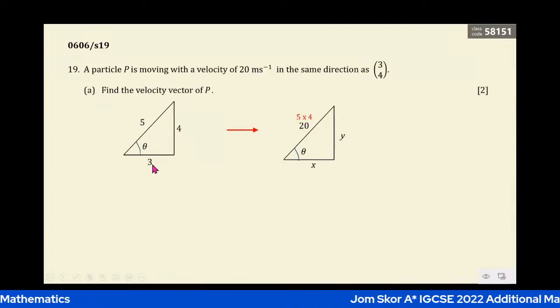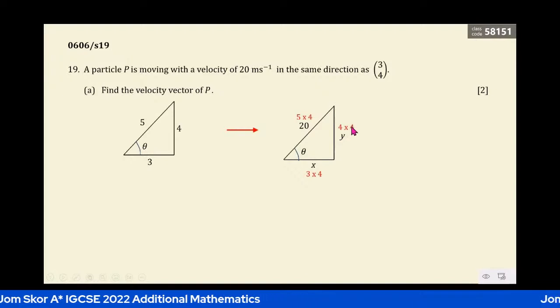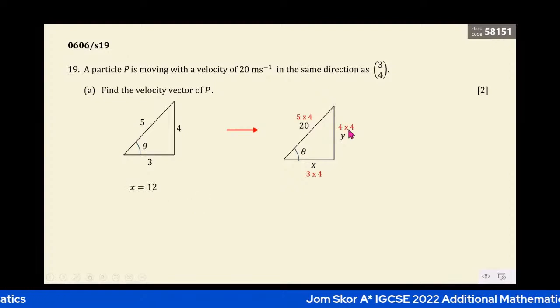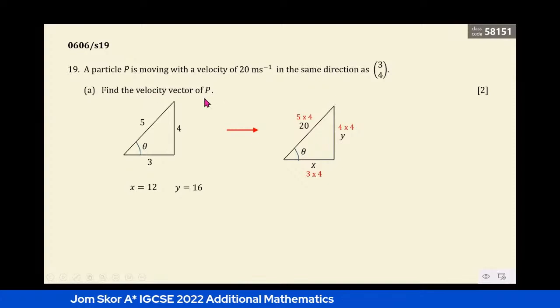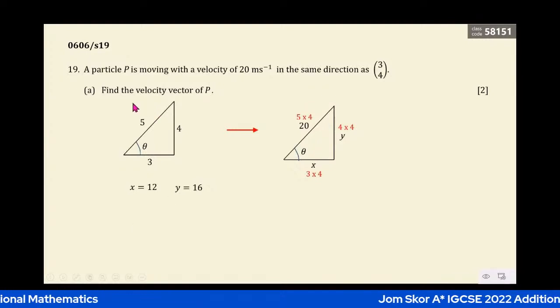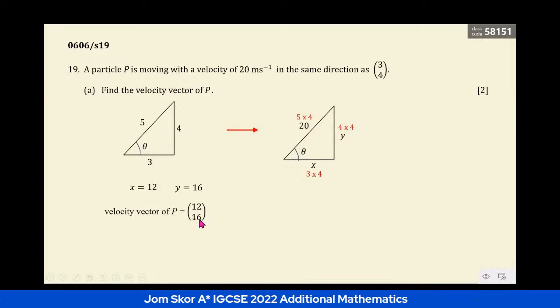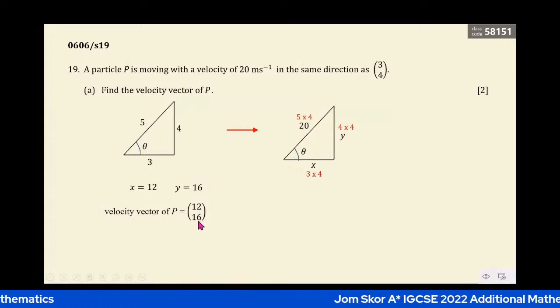So from 3, to get x is 3 times 4, and y is 4 times 4. Therefore you will get x is 12 and y is equal to 16. So the velocity vector of P can be written as (12, 16). Your x is 12, your y is 16.